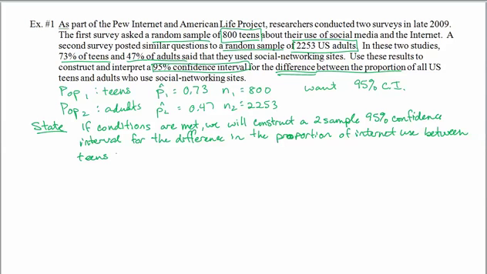And once again, first population is teens, second population is adults.